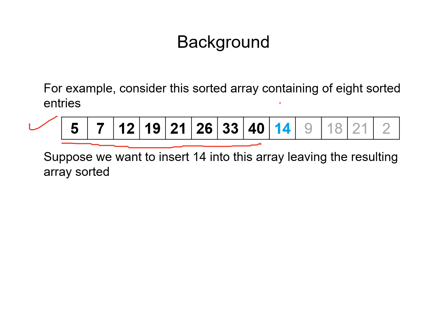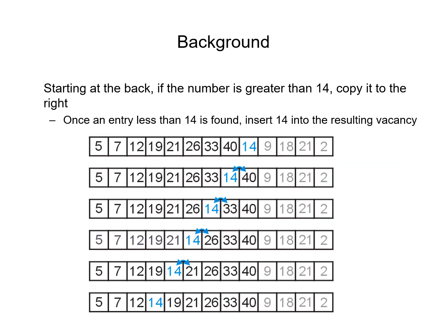If you want to insert this ninth element into this sorted array, where should it be placed so that the resulting array is sorted again? One way is to compare this 14 with each and every element of the array, and wherever the element is less than the existing element, you keep it to the right of that element. See here, this 14 is compared to 40.